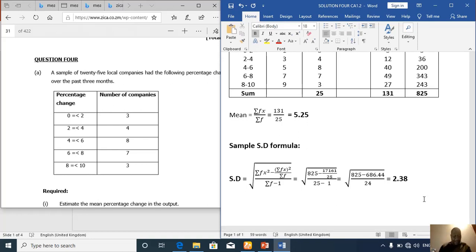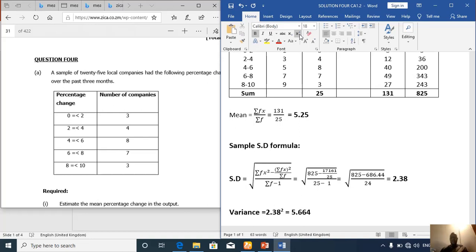So variance, let me just work it out there. Variance in this case is going to be 2.38 squared, so 2.38 to the power 2. When you do that, your variance value should be 5.664.